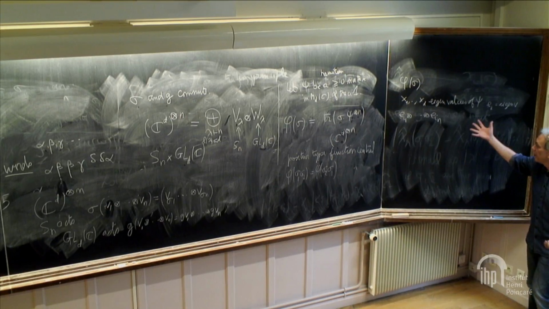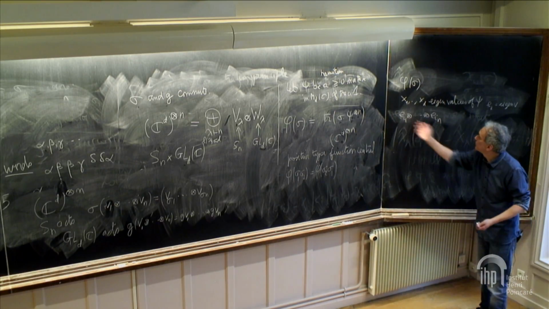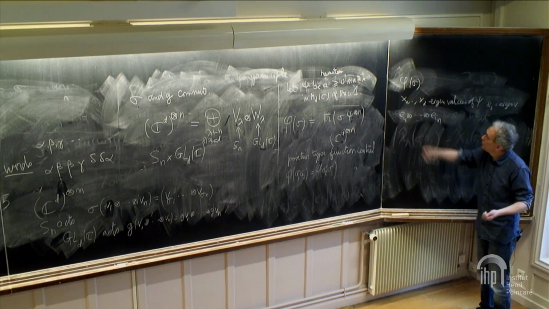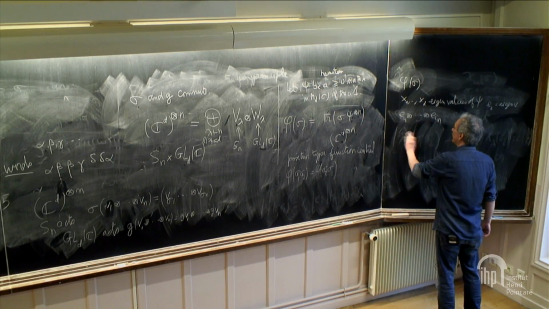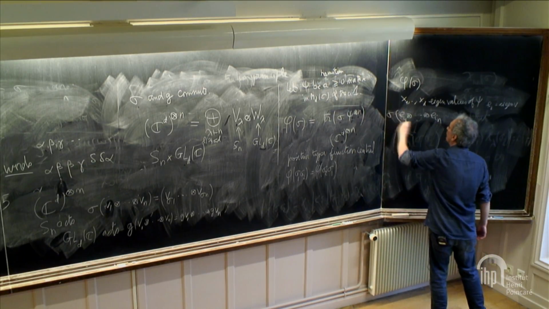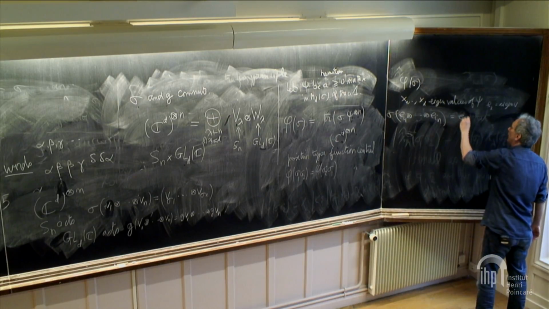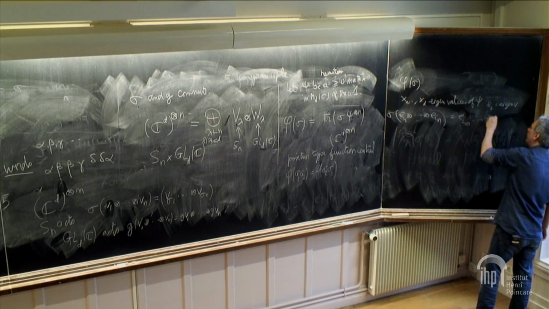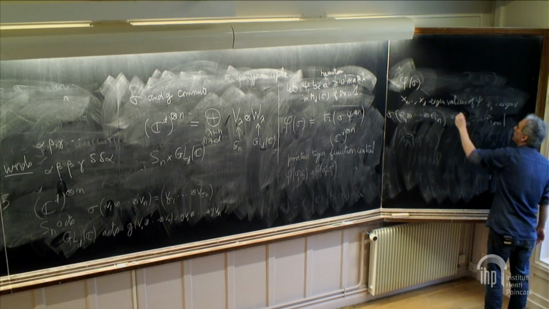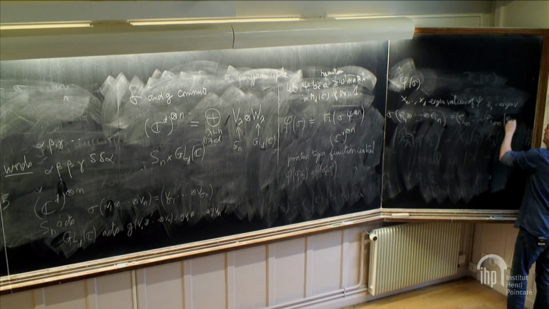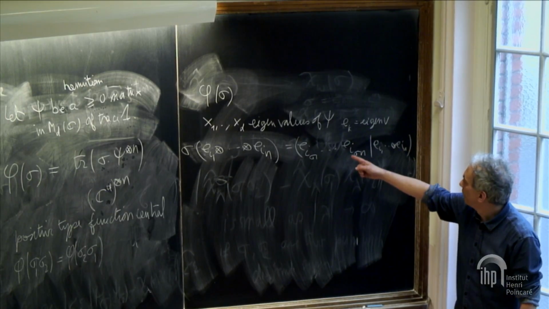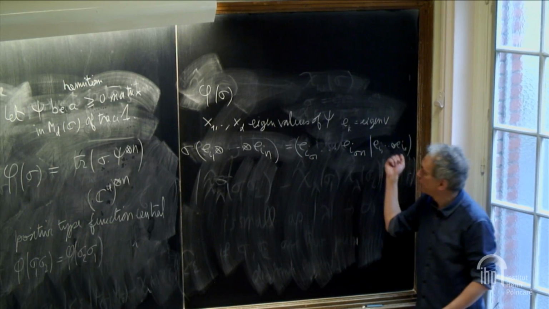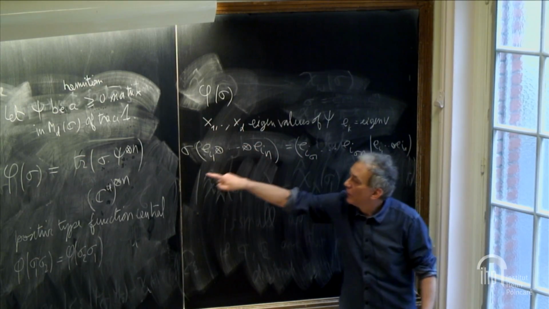Okay? But now, if you have a vector e_{i1} ... e_{in}, and you apply sigma to it, this is e_{i sigma 1} ... e_{i sigma n}, okay? And you want to take the inner product with e_{i1} ... e_{in}, and you want to make the sum over this and multiply by the eigenvalues of psi, okay?